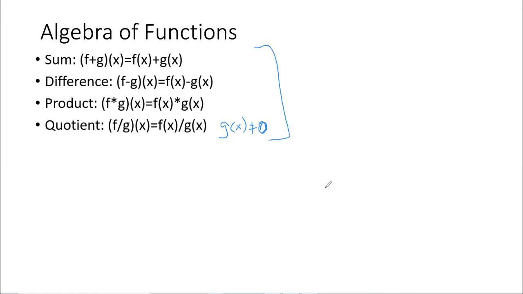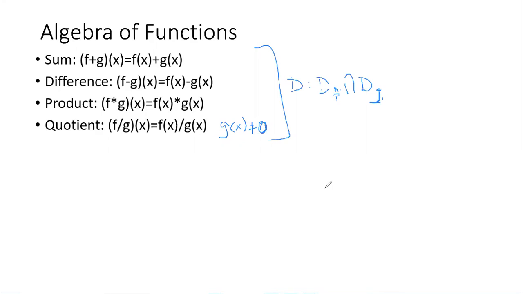For all of the rest of these, and including the quotient, the domain of the function after we do the algebra is the domain of f intersected with the domain of g. So what that means is, if we're excluding something from f, in the domain of the sum function, we have to exclude everything that's excluded from the domain of f and everything that's excluded from the domain of g.